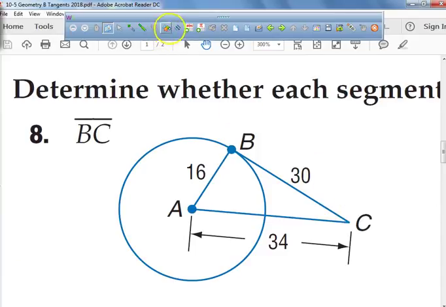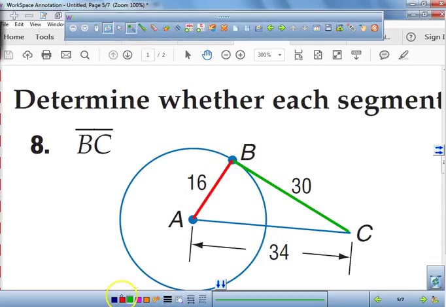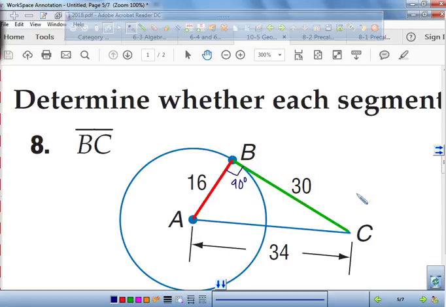For number 8, your job is to do the rest. Look carefully at this. If BC is a tangent to this radius, what type of triangle must we have? We must have a right triangle. If we don't have a right triangle, then this line segment BC is not considered to be tangent.